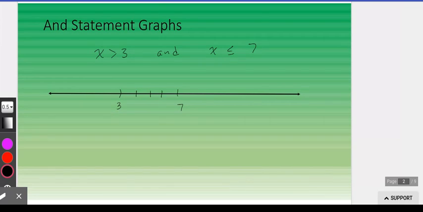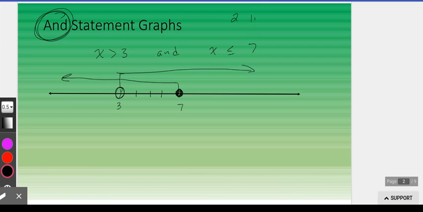For the 3, we'd have an open circle shaded to the right. For the 7, we'd have a closed circle shaded to the left. Here's a big thing I want you to remember with an and statement: we shade where there's two lines. So I would shade the inside part. And when it has an in between, we're shading this middle section. There's that special way that we write it.